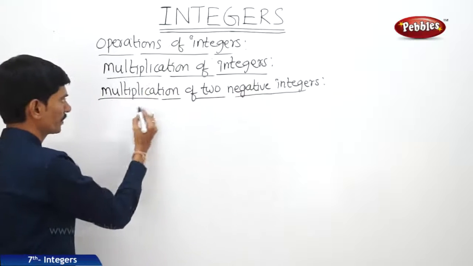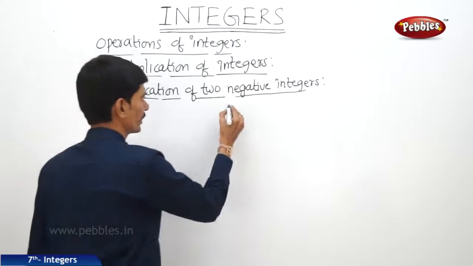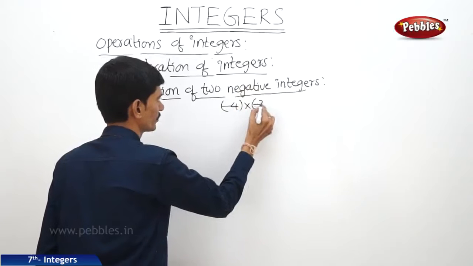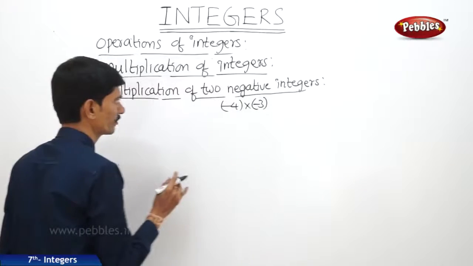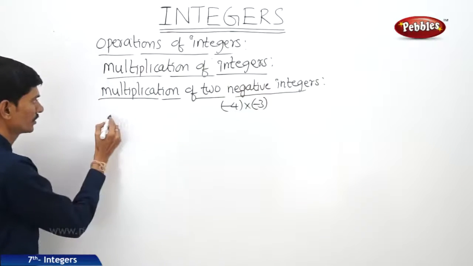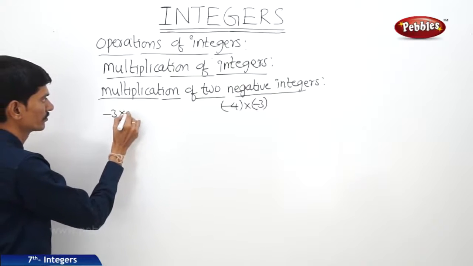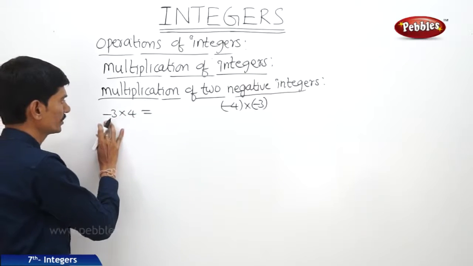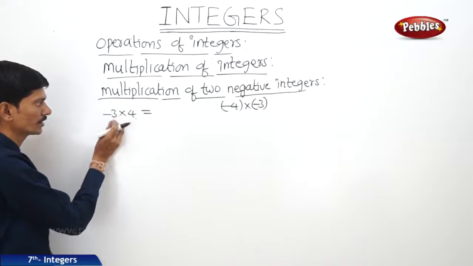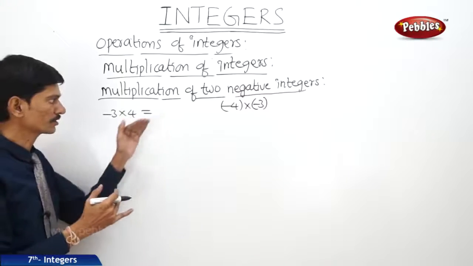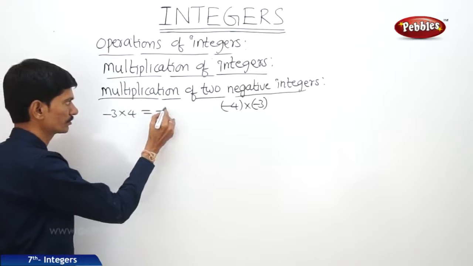If you want to multiply minus 4 and minus 3, what is the product? First you will take the multiplication minus 3 into 4. Here a negative integer is multiplied by a positive integer, so the product is a negative integer, that is minus 12.